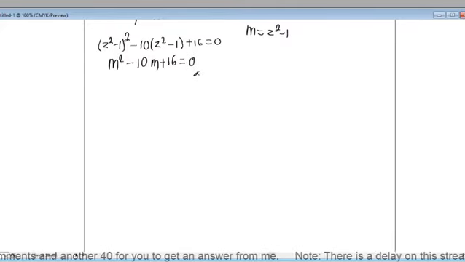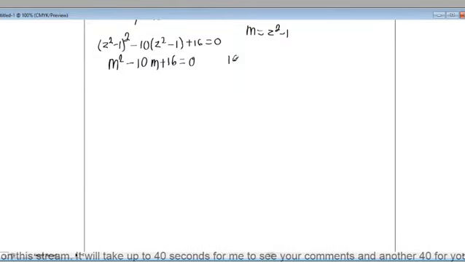So now this thing is definitely in the form of a quadratic, and we know how to solve these by this point. So we can either use AC method, complete the square, whatever we want to use. Okay, I'm going to try AC first. So my A is 1, my C is 16, giving me an AC of 16.